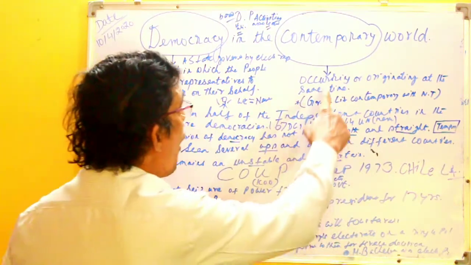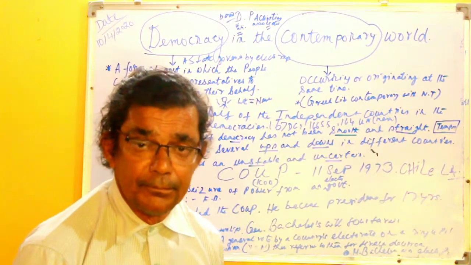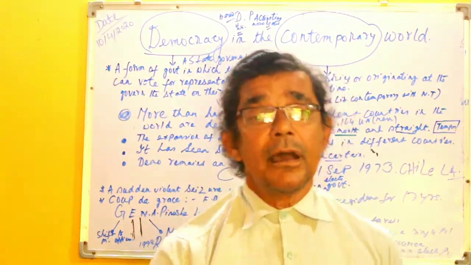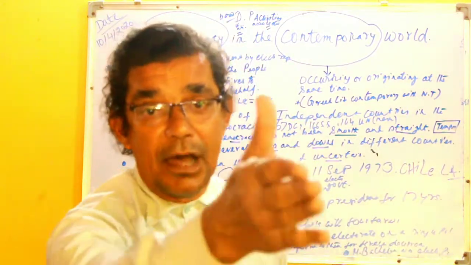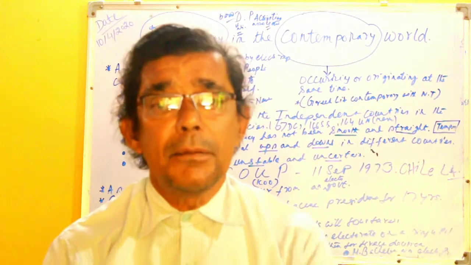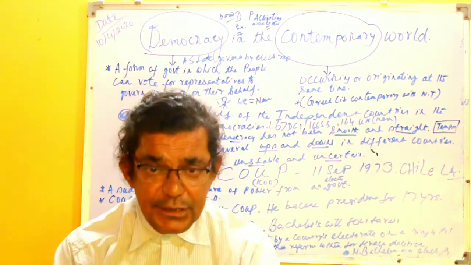Now, see this word, contemporary. Contemporary means occurring or originating at the same time. Rajat is sitting there, and over there Adnan is sitting. Both are contemporaries, meaning belonging to the same class and of the same age.